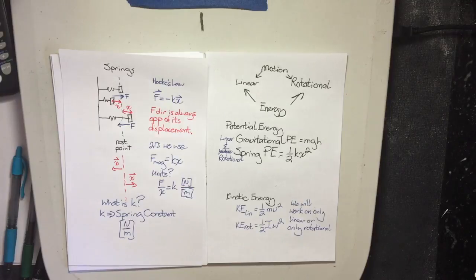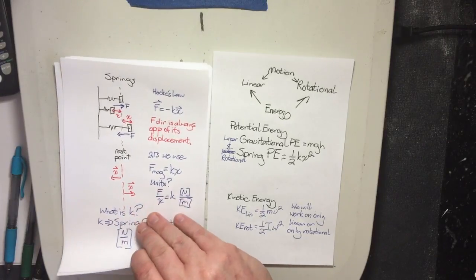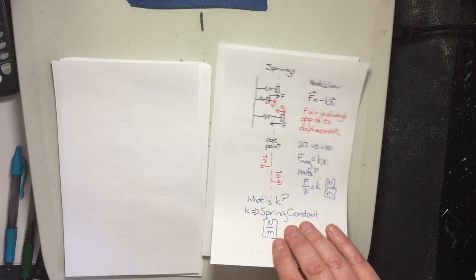So there are different ways of expressing energy: gravitational, spring potential energy, and linear and rotational kinetic energy. How can we put this stuff together in order to do stuff?